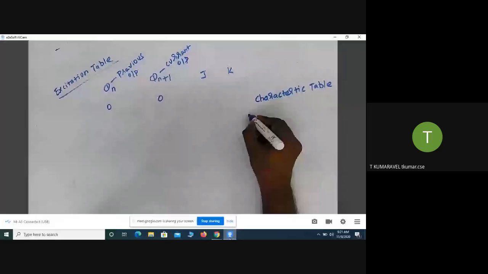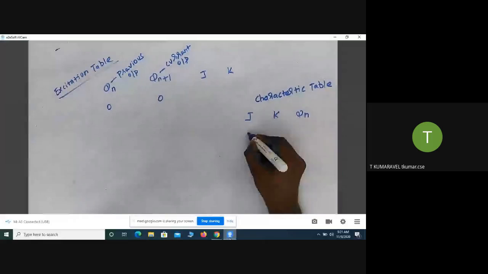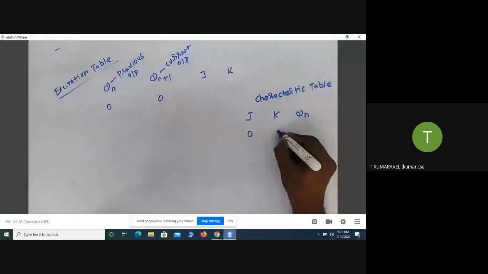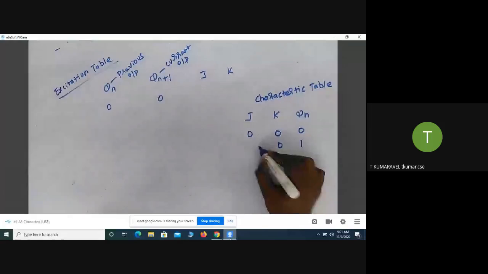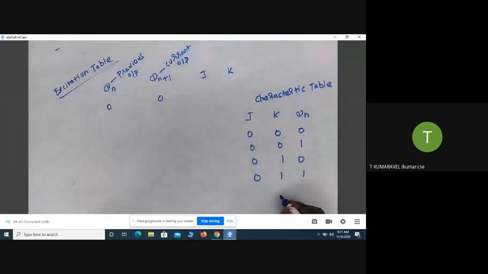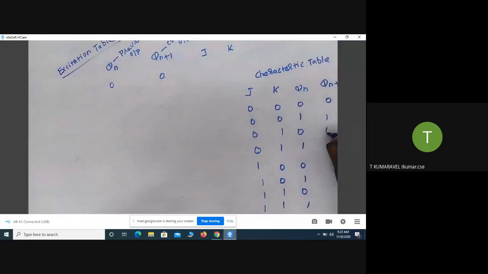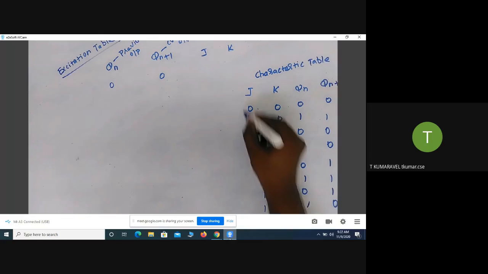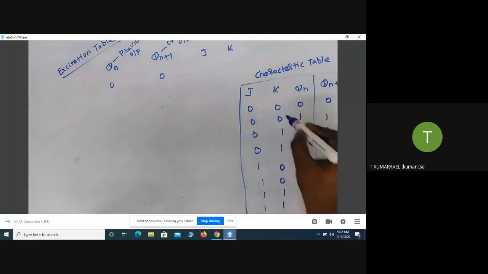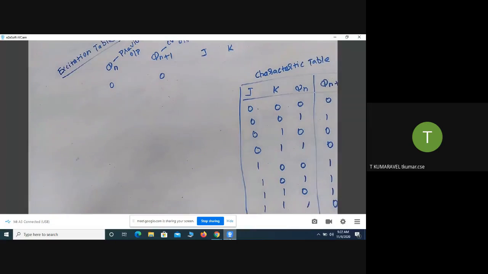We have already seen it: J K Q n, 0 0 0, 0 0 1, 0 1 0, 0 1 1, 1 0 0, 1 0 1, 1 1 0, 1 1 1. In order to fill up the excitation table, you need the characteristic table. This is the table.